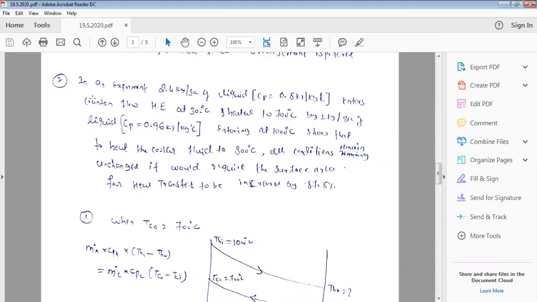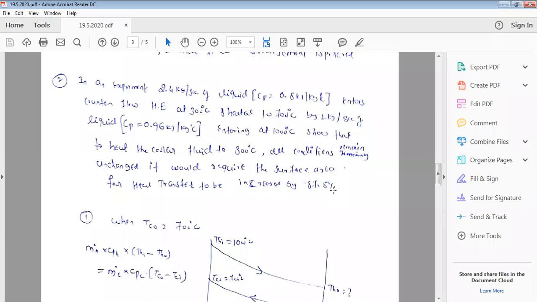The setup is counter flow, at 300 degrees Celsius and heated to 700 degrees Celsius by 2 kg per second of liquid with specific heat 0.96 kilojoule per kg degree Celsius, entering at 1000 degrees Celsius. Show that to heat the cooler fluid to 800 degrees Celsius, all conditions remaining unchanged, it would require the surface area for heat transfer to increase by 87.5%.